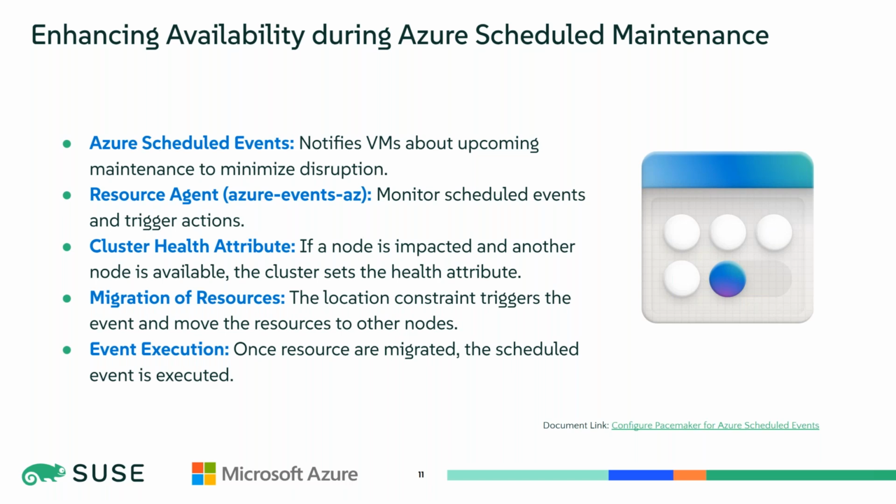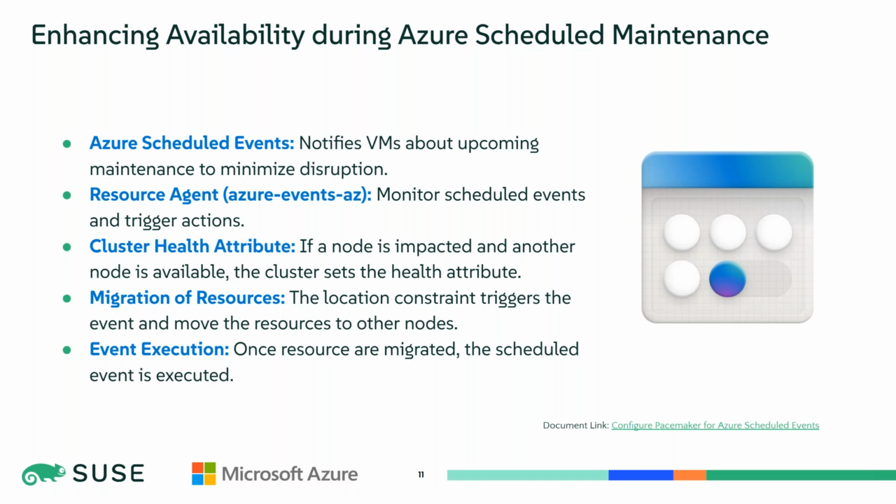This feature is available at the infrastructure level, and we try to integrate it for single point of failure components like database and central services. For that, we have introduced a resource agent called Azure Events AZ, which allows you to monitor the scheduled events and then triggers the action accordingly.